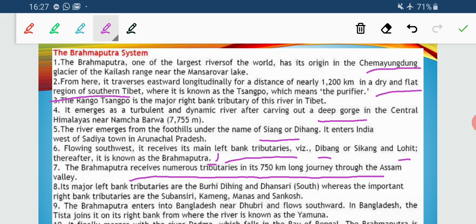Now its major left bank tributaries are Burhi, Dihang, Dhansari, whereas the important right bank tributaries are Subansri, Kameng, Manas, Sankosh. The Brahmaputra enters into Bangladesh near Dhubri and flows southward. In Bangladesh, the Tista joins it, that is the right bank, from where the river is known as Jamuna.